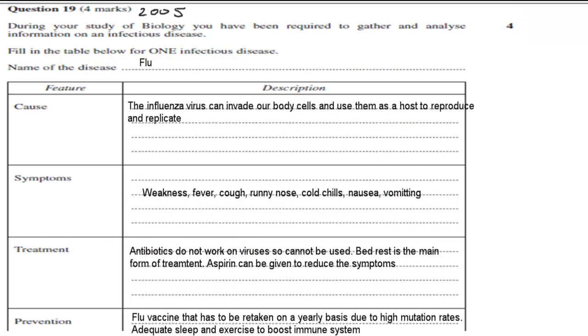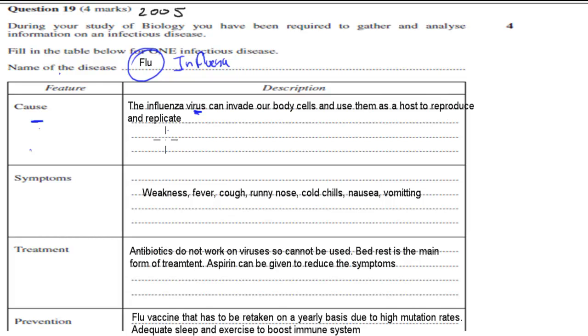So what I wrote was, for the name of the disease, flu, or influenza to be more scientific. The cause: the influenza virus can invade our body cells and we use them as a host to reproduce and replicate.